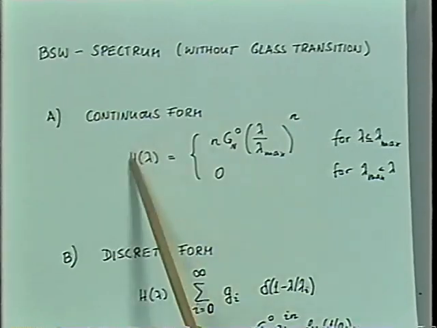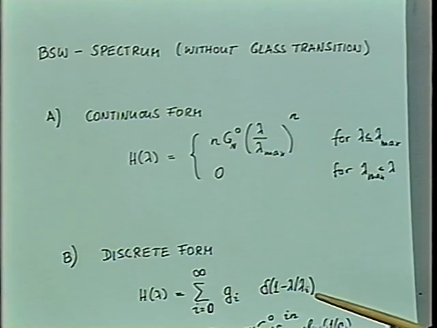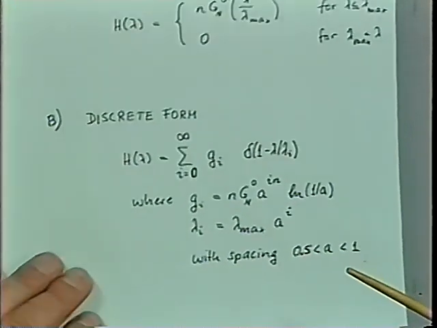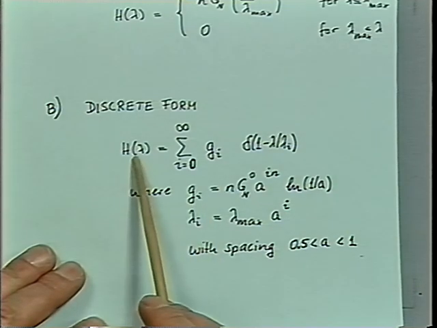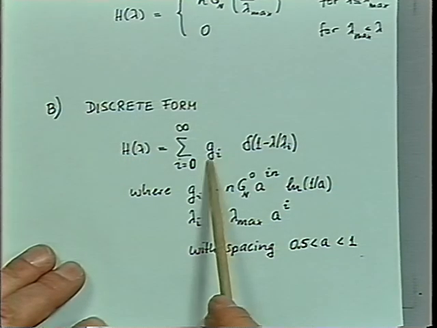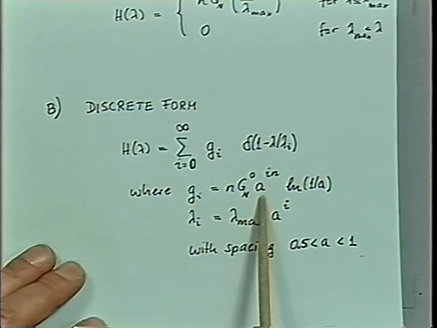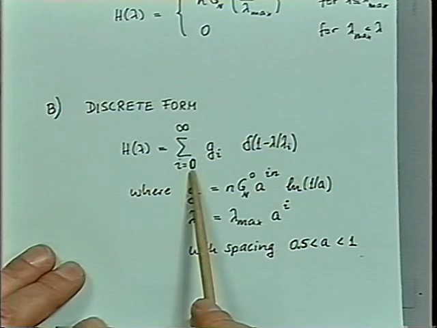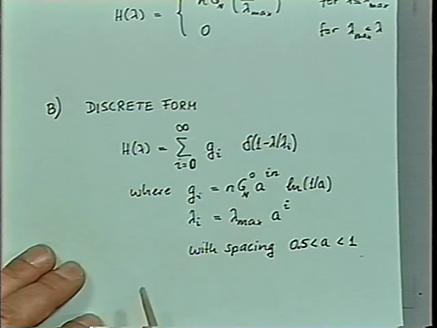Now, often this is hard to integrate. When you put this modulus into the Boltzmann equation, you run into all kinds of trouble. So we often use a discrete form of that equation. We're just saying that the h of lambda is described by discrete modes, given by the leading modes. I started the spectrum here with 0. The 0 mode would be the longest mode, associated with the longest relaxation time.